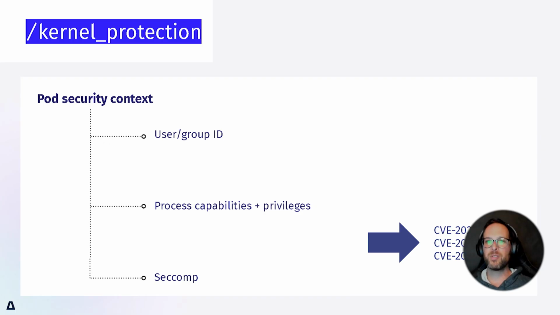So moving forward, we said that we're going to talk about kernel protection as well and shrink the attack surface on a Linux kernel inside the Kubernetes node. So in the pod security context, you can determine the user ID or the group ID of that container. And I just want to remind you that running your containers as root is not recommended.